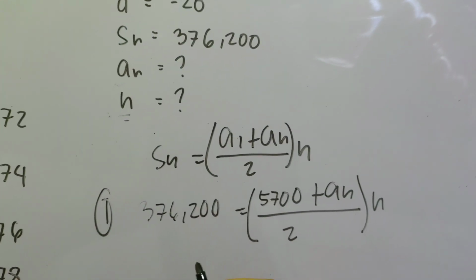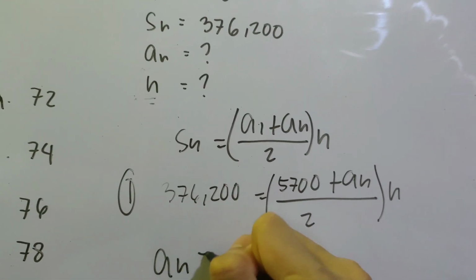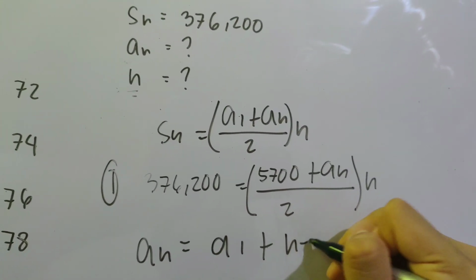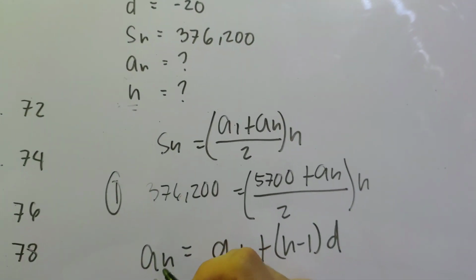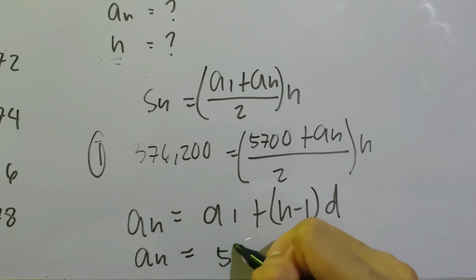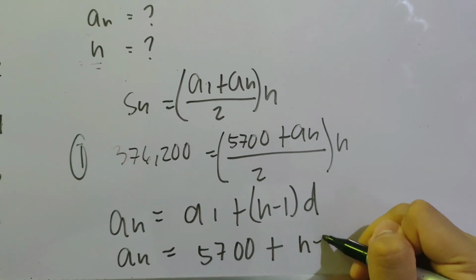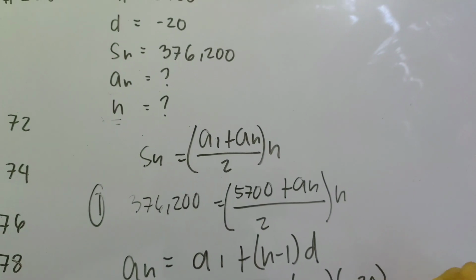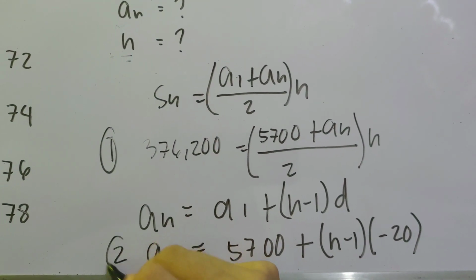Kailangan pa natin ng isa pang equation at gagamitin natin yung nth term, or AN is equal to A1 plus N minus 1 times yung common difference. So yung AN natin, hindi pa natin alam, equals A1 is 5,700 plus N minus 1 times yung common difference natin, which is negative 20. Ito na yung second equation natin.